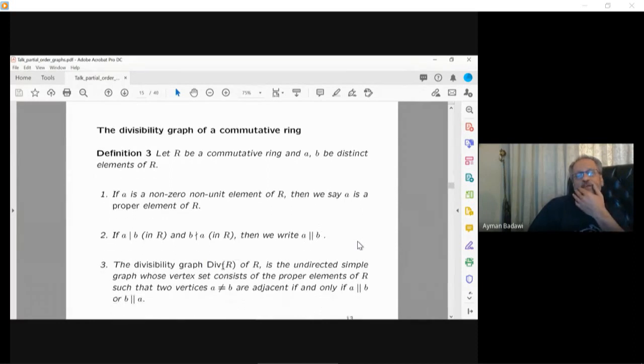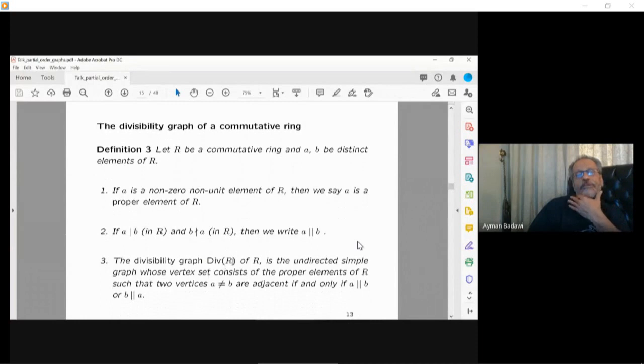And we studied the divisibility graph to be undirected, and two distinct vertices are adjacent if and only if a is a proper divisor of b, or b is a proper divisor of a. What does proper divisor mean?